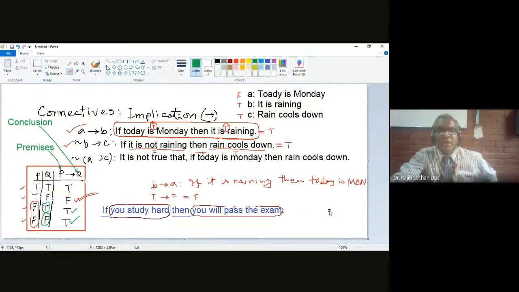So you did not study hard means what? The left side, the premises is wrong. It is not true, it is false. So you did not study hard, then there is no difference. It is true or false, whatever. The whole sentence will be correct. You will say, sir said correctly. You understand my point?